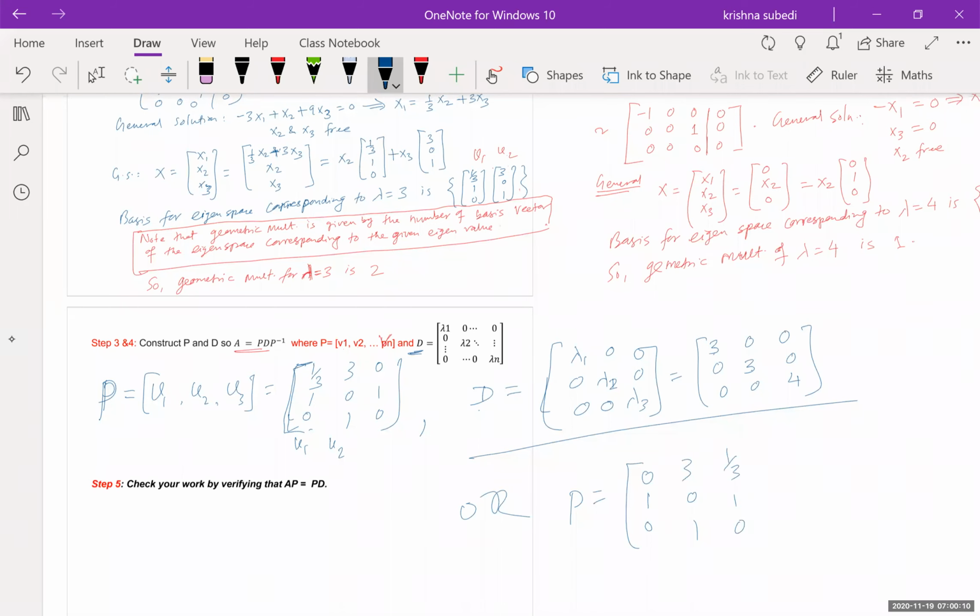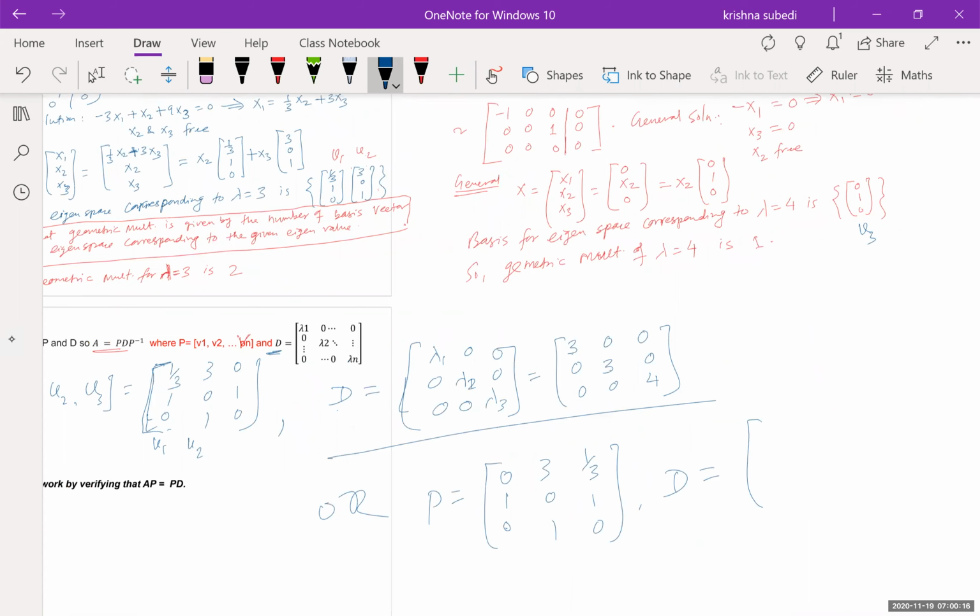If you want to write your P matrix this way, then your D matrix will be, remember, the first vector is for which eigenvalue? It's for 4. You must write 4 first, and then 3, 3. So either you can write this way or this way. The basis vectors and the eigenvalues go together.